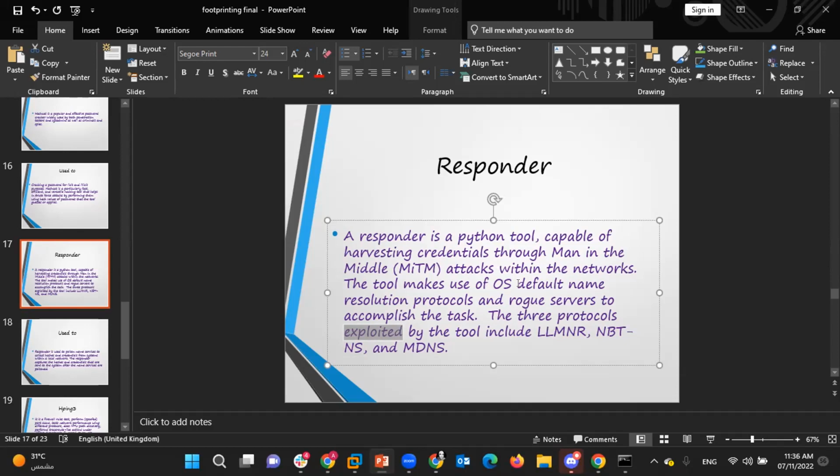It is no longer used all the time. It is used, but not commonly. Responder looks like a Python tool, so not many hackers are familiar with it, by the way, but it is used, yes.